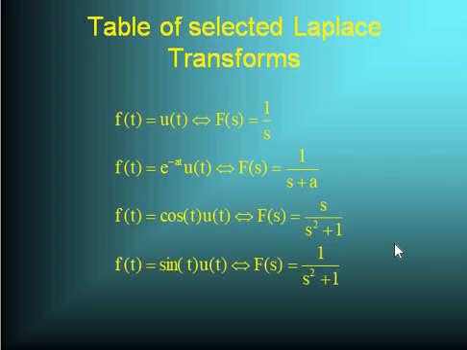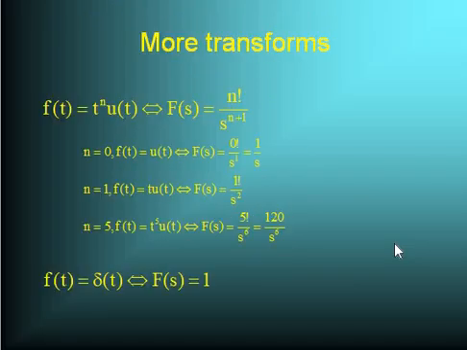Then Laplace of cos t equals s over s square plus 1, and Laplace of sin t equals 1 over s square plus 1. Some more transformations: Laplace of t power n equals n factorial over s power n plus 1. By applying various values of n, we get the results.